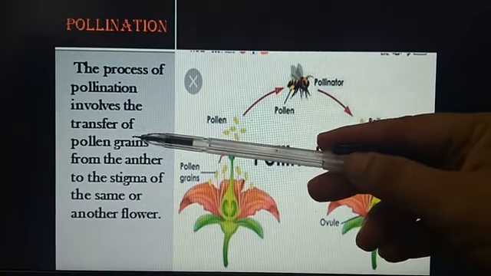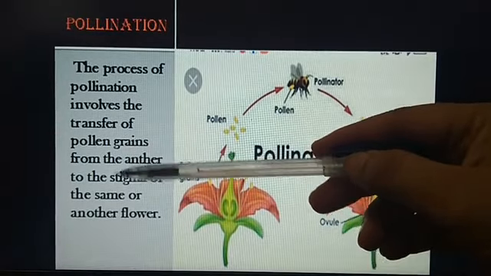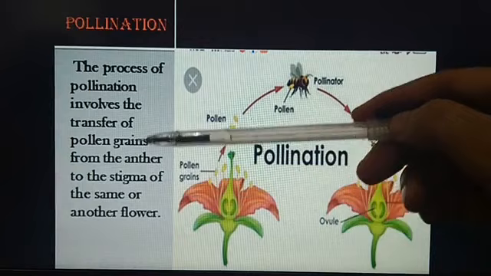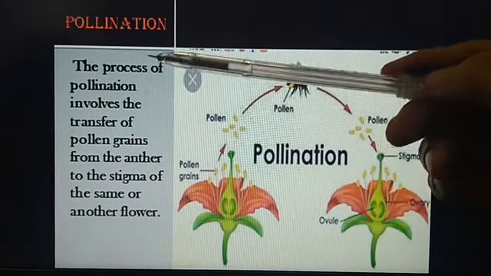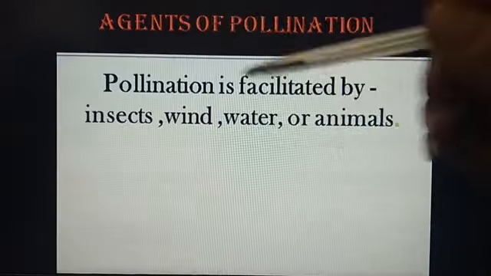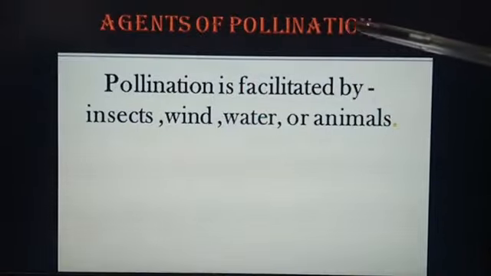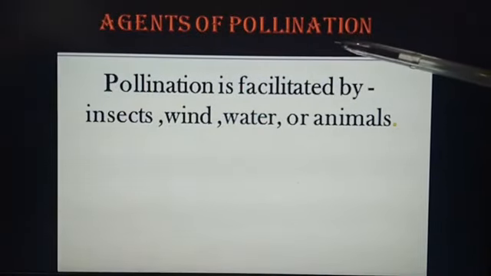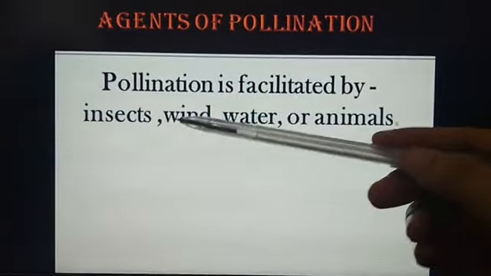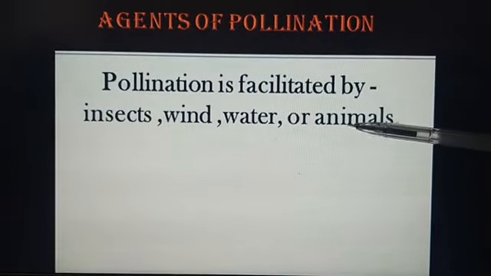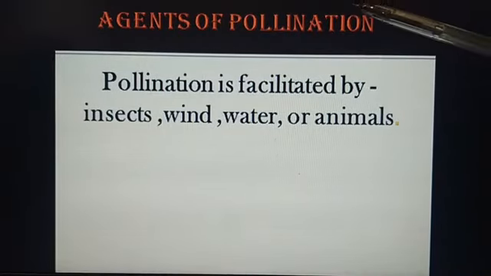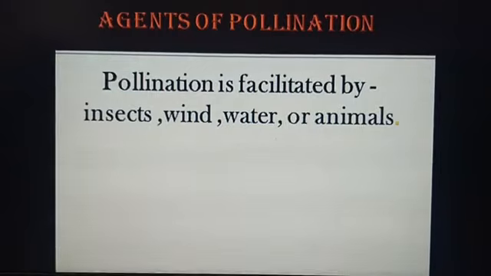This transfer of pollen grains takes place with insects, animals, wind and water. These are called agents of pollination. What are called agents of pollination? Insects, wind, water or animals are called agents of pollination.